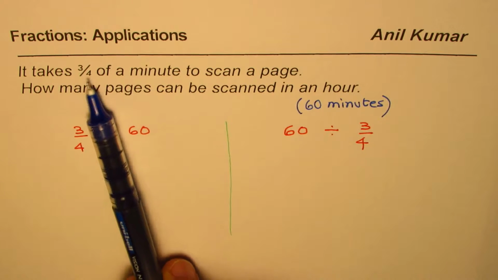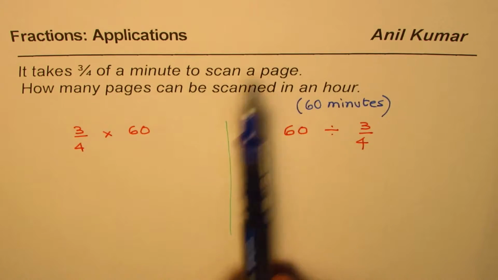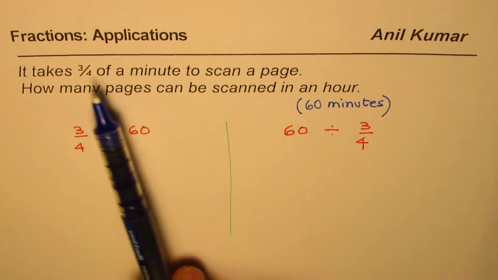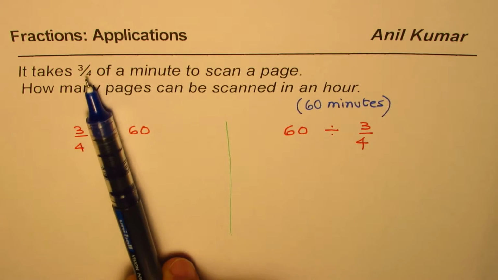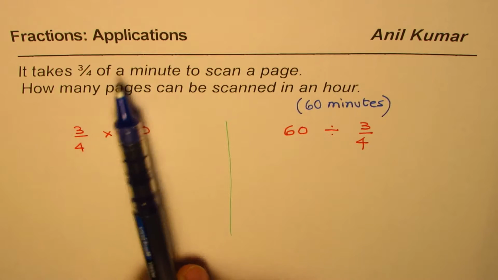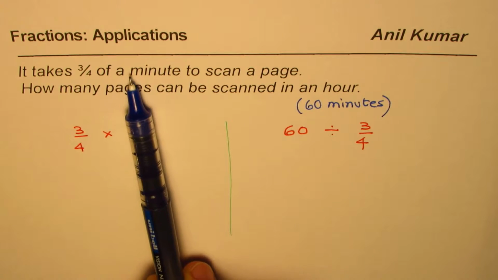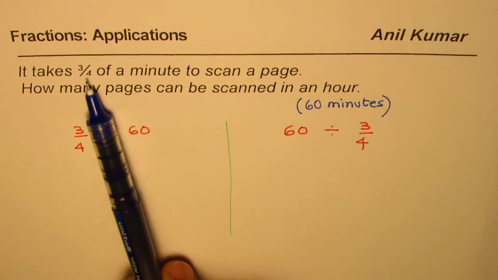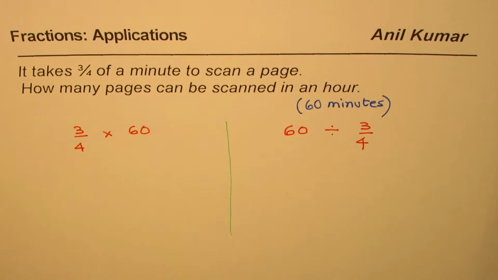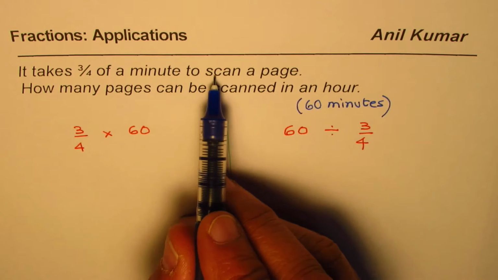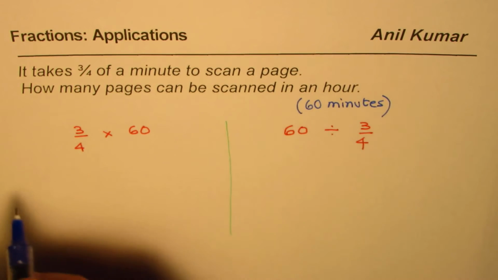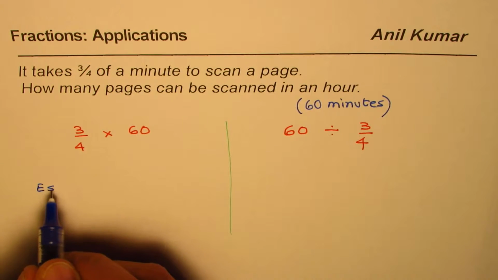Okay, one of the ways to find it is something like this. It takes 3/4 of a minute to scan a page. That means 3/4 of a minute is smaller than a minute, right? 3/4, so that is a proper fraction. So we are taking less time than a minute to scan a page. So a good option here is to estimate.